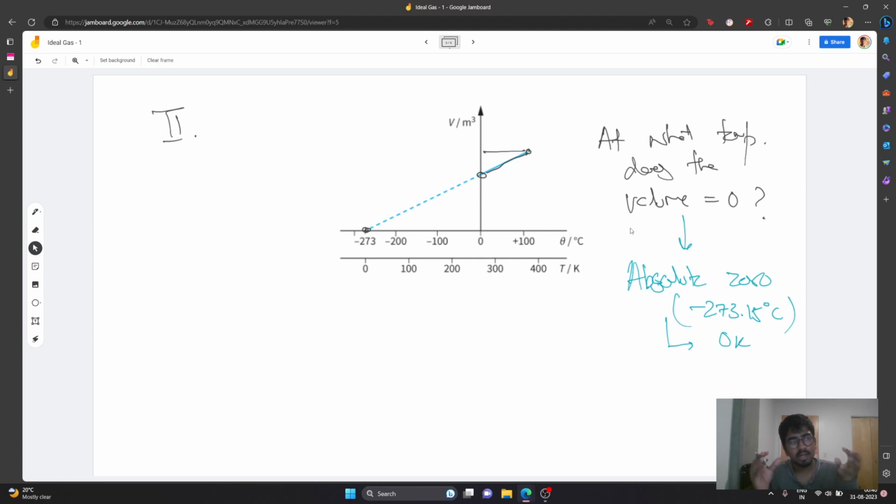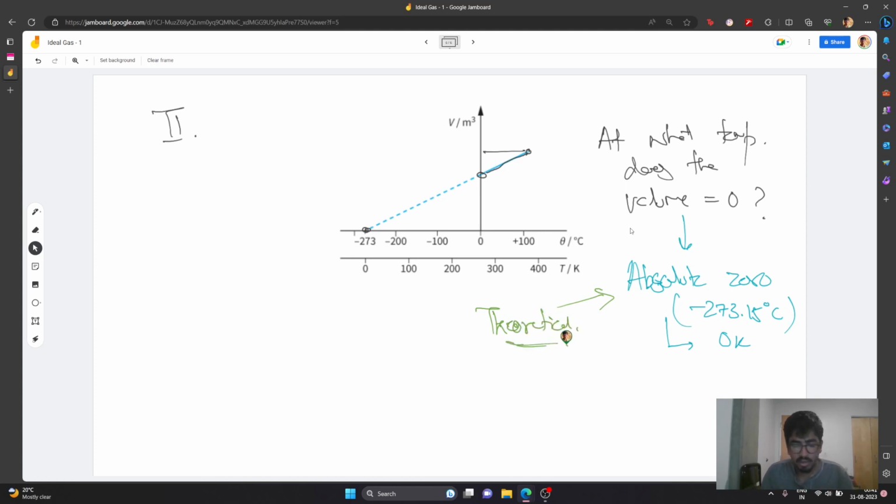But you can imagine that all these particles can come only so close, and when they come so close, they stop being a gas, right? When things become too close, they either become a liquid, and then when they become even closer, they become a solid, right?